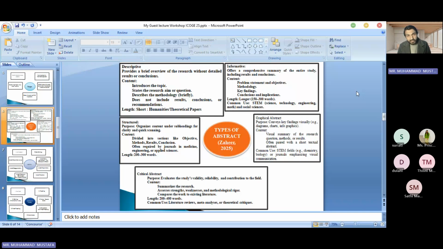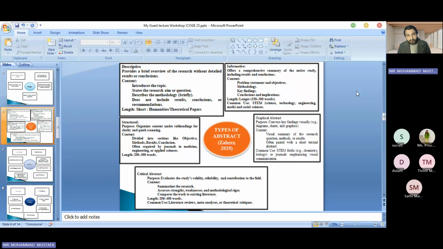It is based on 200 to 400 words. Commonly, such critical abstracts are applied in literature reviews, meta-analyses, or theoretical critiques.